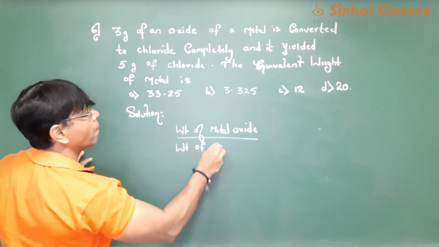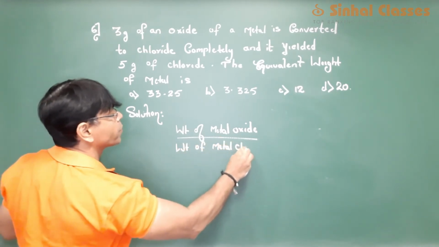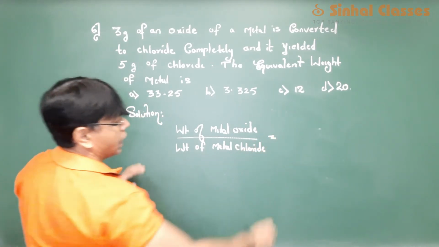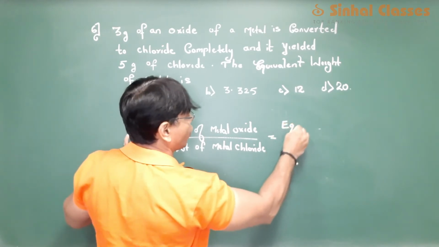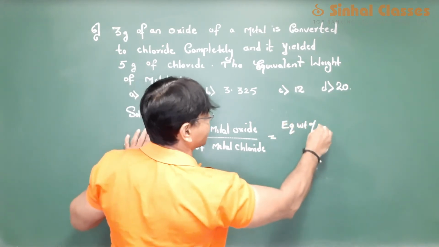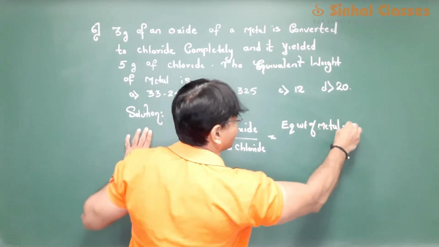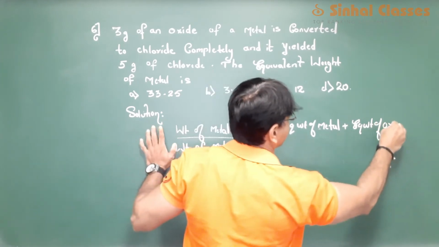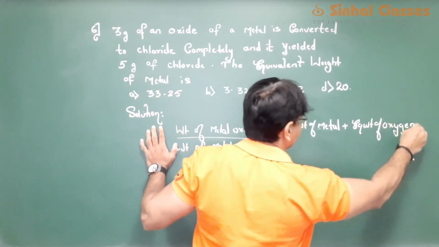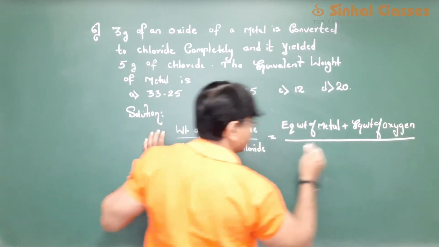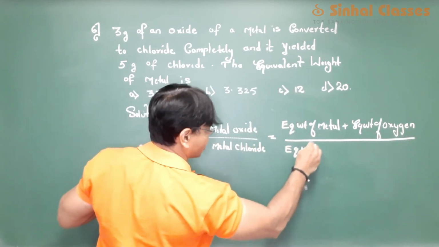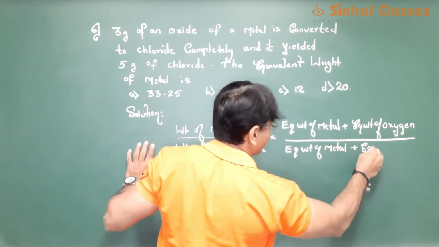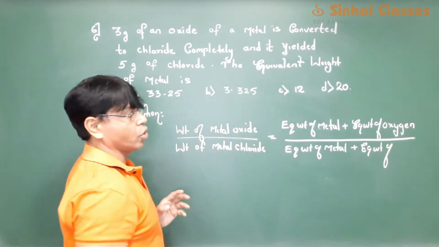weight of metal chloride is equal to equivalent weight of metal plus equivalent weight of oxygen, divided by equivalent weight of metal plus equivalent weight of chloride.